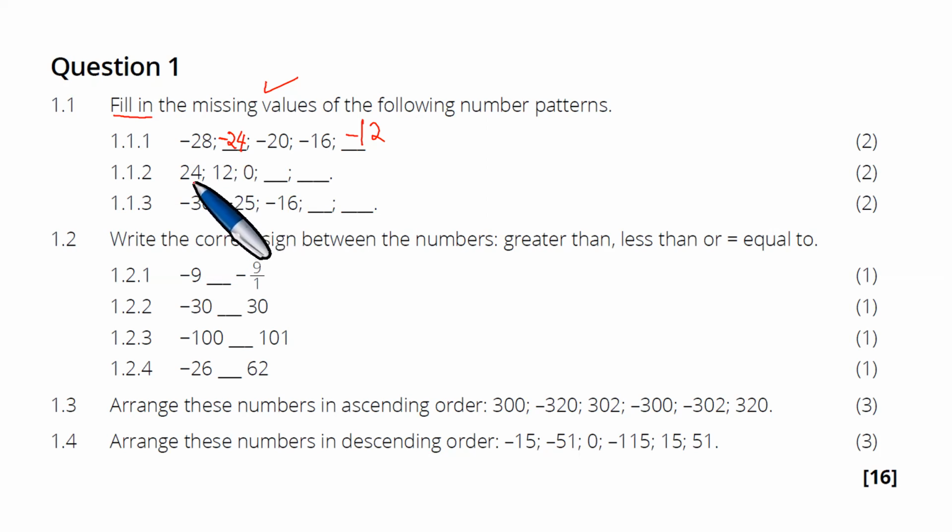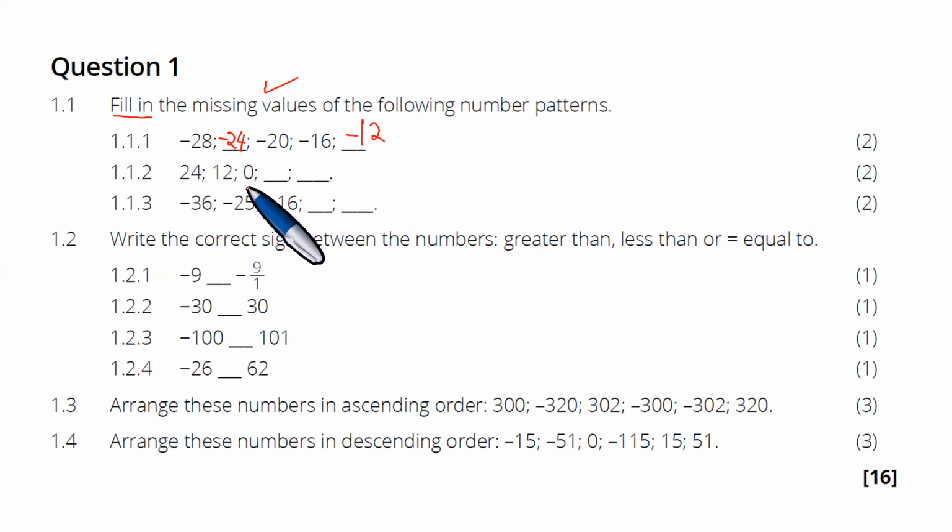It actually means that the number 24 was reduced to 12, and 12 was reduced to 0. So somebody was subtracting 12 here, because 24 minus 12 gives 12. And then if you have 12 and you subtract 12, you get 0.